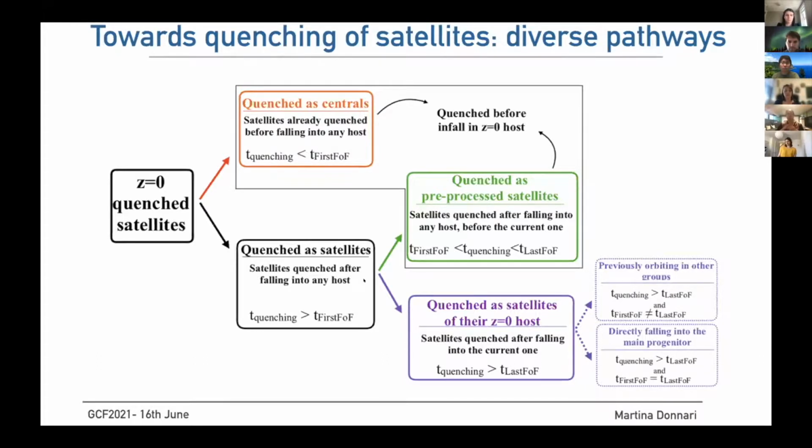Of course, in this latter case, this does not mean that a satellite has not been pre-processed, let's say, in some sense. It could be that it previously orbited in other groups. So even if a galaxy quenches in the redshift 0 host, the star formation activity can also be altered in some sense during the preprocessing.